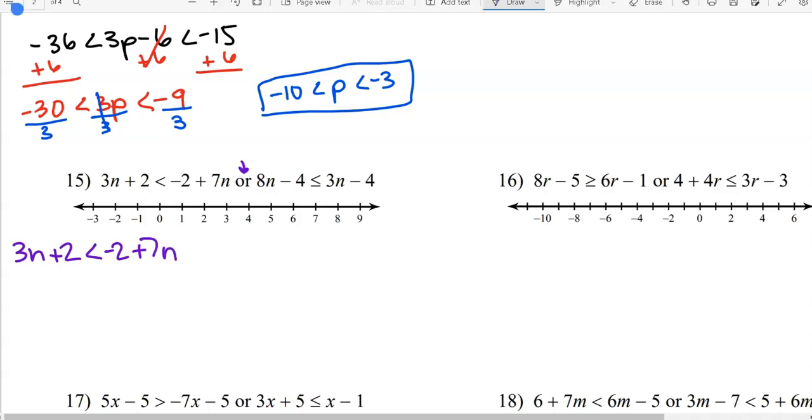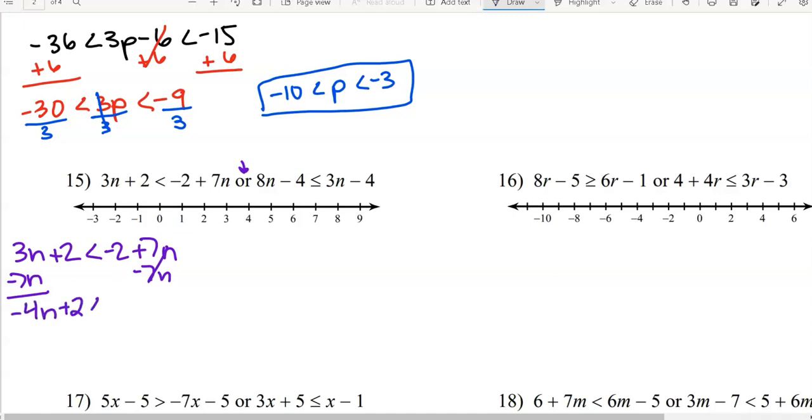How is this different? How do we level up? We have two variables, right? So we've got to get the variables on one side and the constants on the other. We've done this before. We can do it again. Let's move my variables. We love our variables to be on the left, so let's go ahead and subtract this guy over here. 3 minus 7 is -4n.